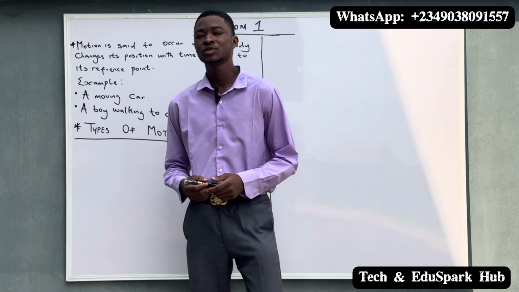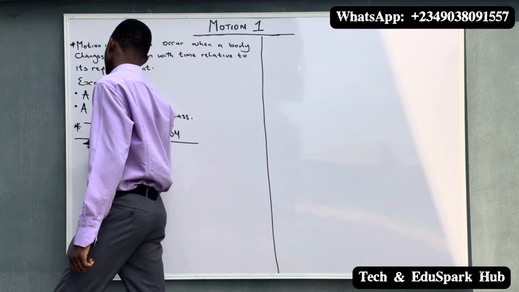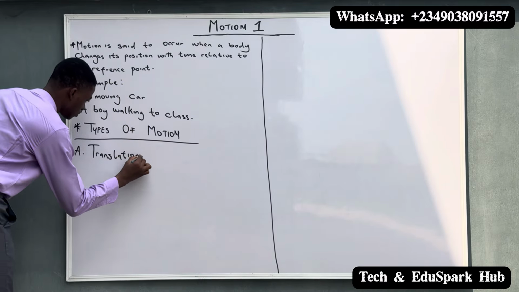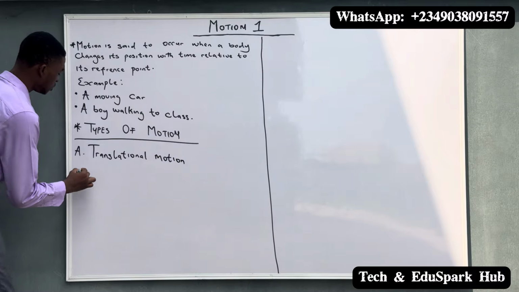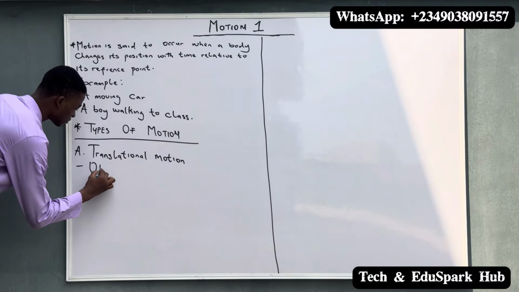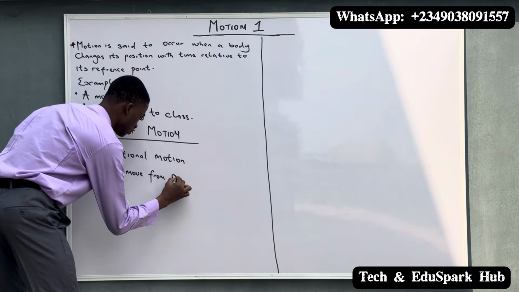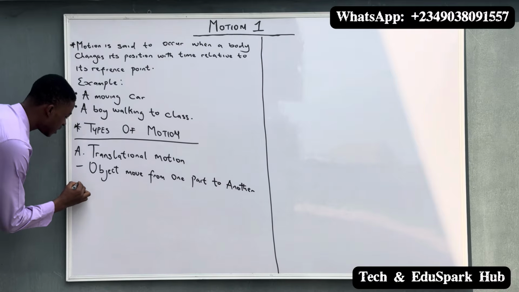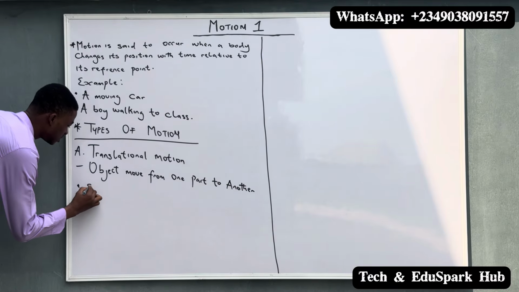Moving to the types of motion, we have the first type, which is the translational motion. In this type of motion, the object moves from one part to another. So it can be a rectilinear motion, a straight line.